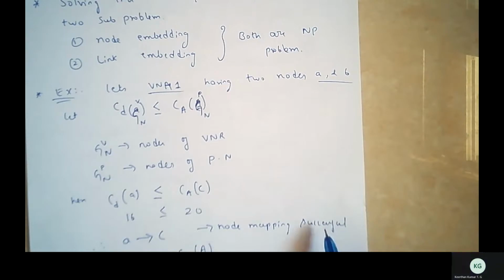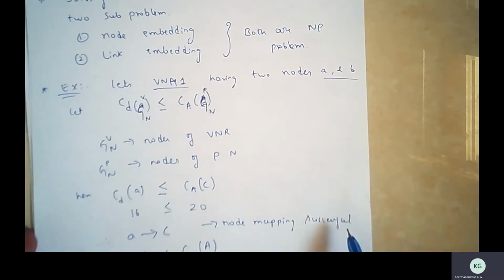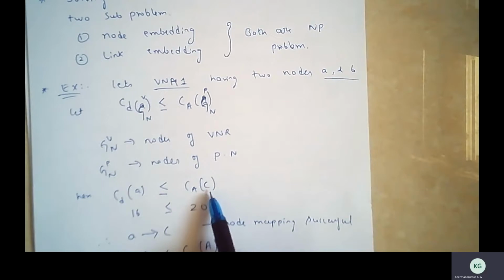Here a question arises once again: why did we select the node capital C only as a physical server? Why not others? Since we are using a greedy approach, we select randomly. Since I took capital C, the available capacity is 20, so the constraint is matched and I can place it.